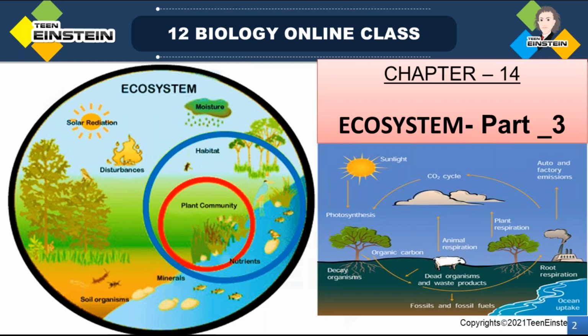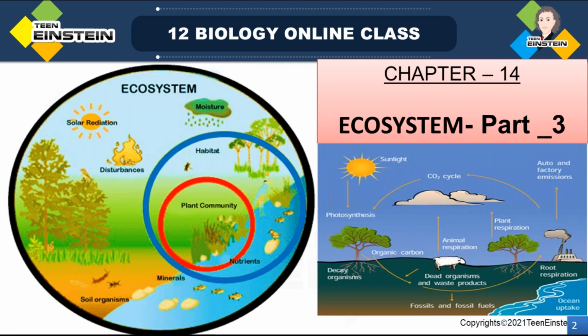In this chapter, ecosystem, part 3, one more topic we need to study: ecological pyramids. In the last class we learned about food chain, food web and all, how energy is transferring from one form to another, how organisms are utilizing it and how it is getting wasted.